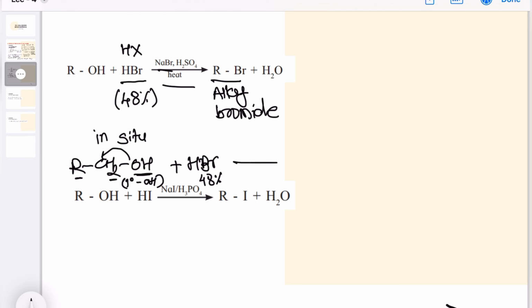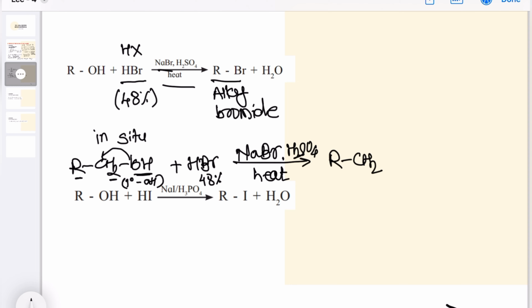That is 48%, in presence of NaBr. If HBr is there, then the reagent used is NaBr in presence of H2SO4 and heat, because it is constant boiling. When it is constant boiling with the HBr, then the formation of product RCH2.